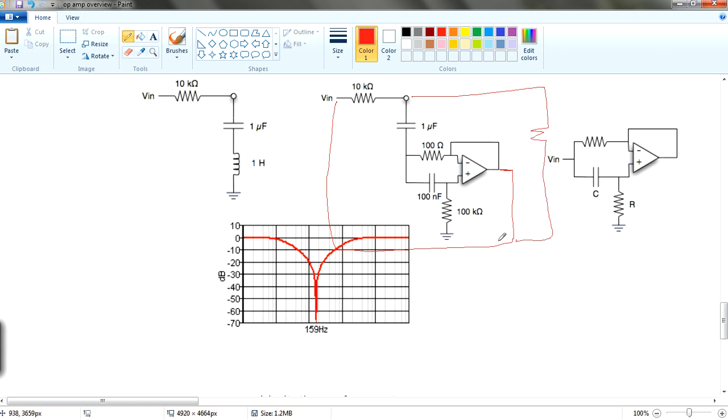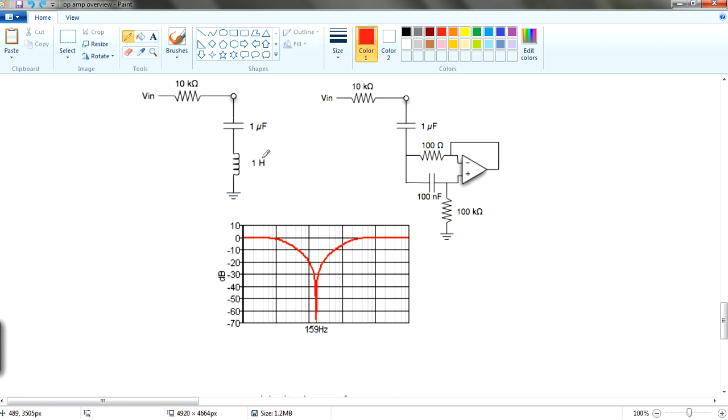This is where you're going to connect your amplifier, I mean your gyrator. So this whole thing is the gyrator. The output will be here, and then it goes all the way around.